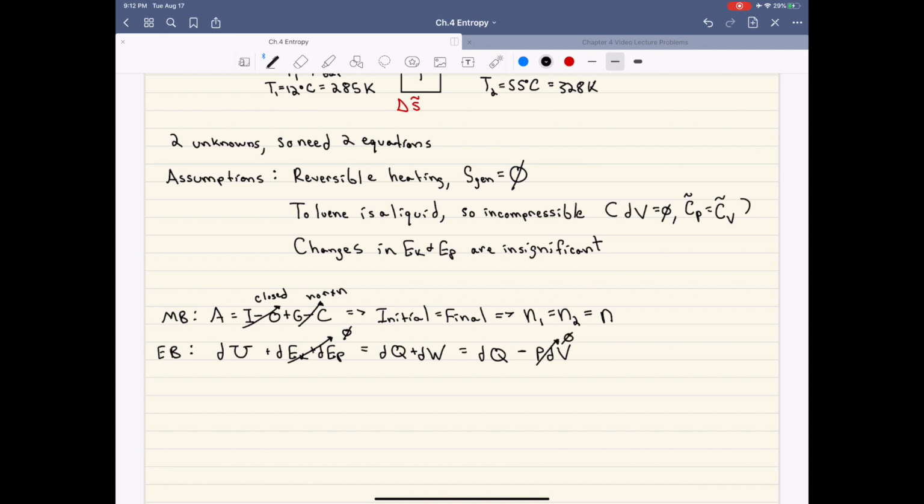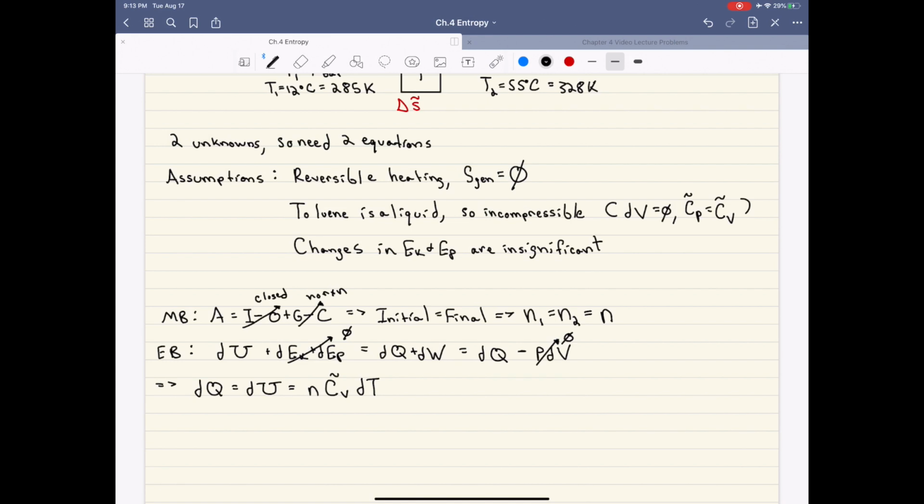And so what we're left with is that our dQ is going to be equal to our dU, the change in internal energy. And we know from the definition of internal energy that it's related to the constant volume heat capacity.